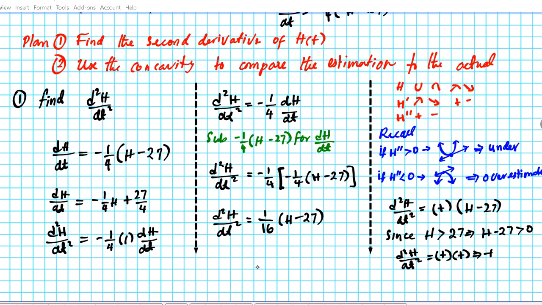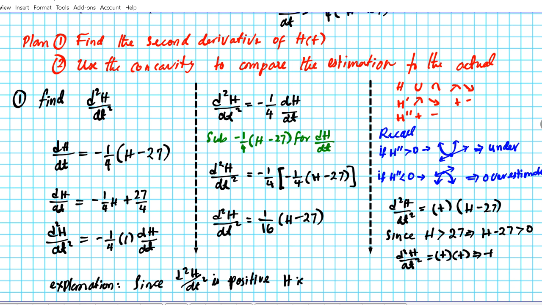Okay, so let's go ahead and write down our reasoning explanation. Since d squared h dt squared is positive, let's write it out. It's positive.